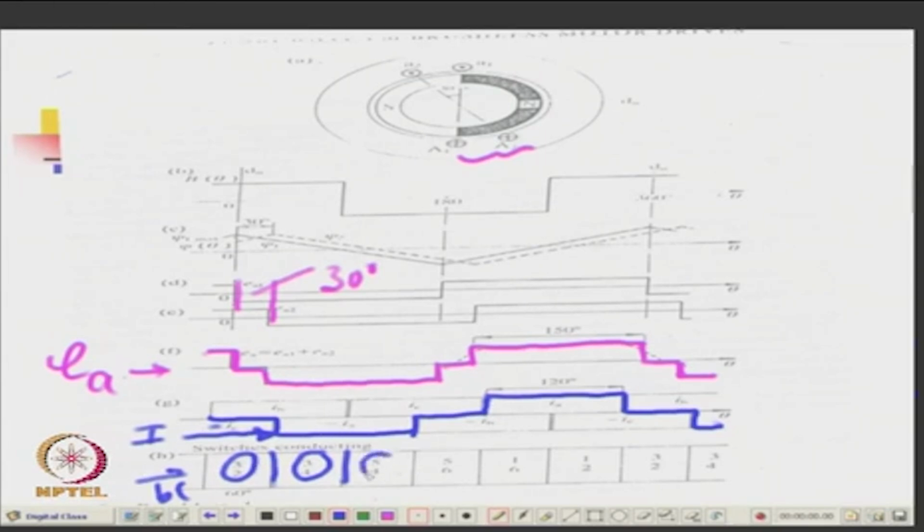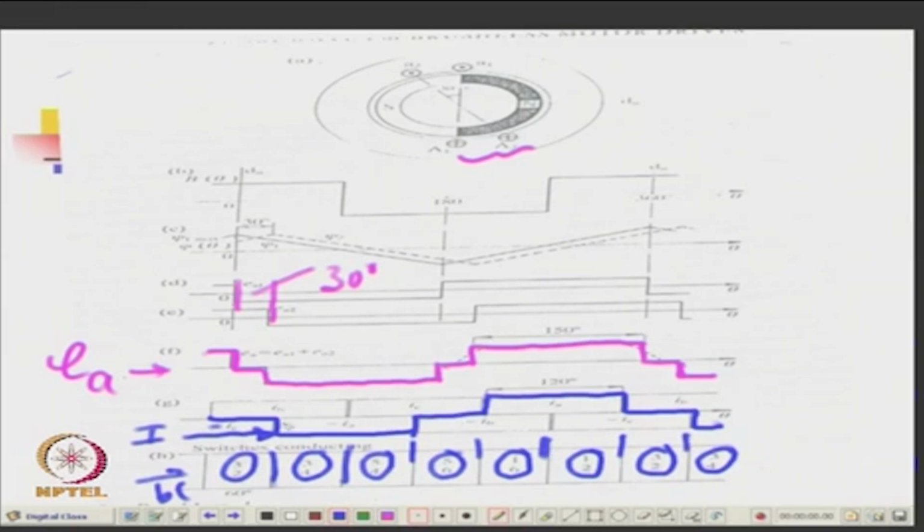Then you have 4-5, 5-6, here is 1-6, 1-2, 2-3, 3-4 like this. So, these are the segments each 60 degrees, the corresponding pair of switches are operating, are closed. Okay. This is an ideal situation.